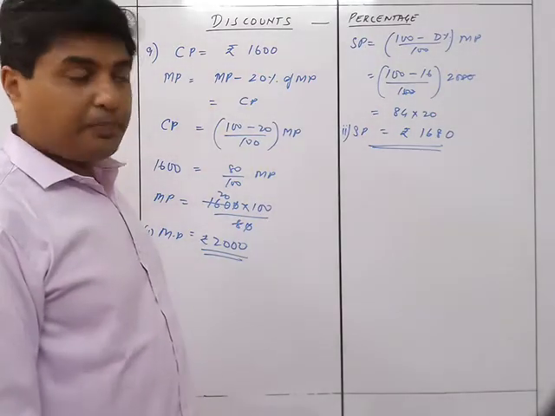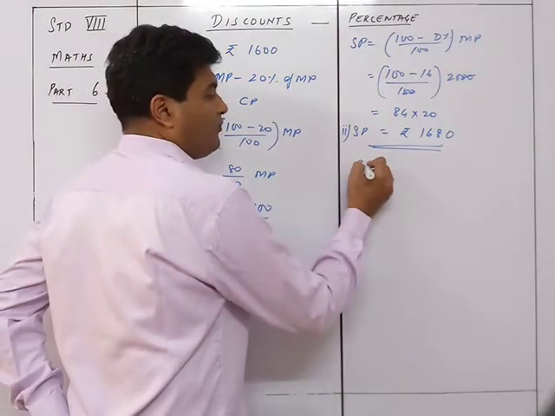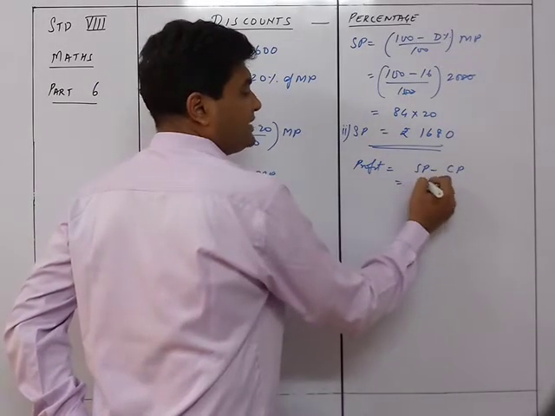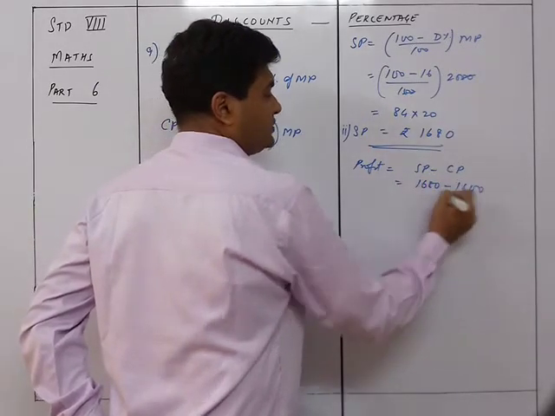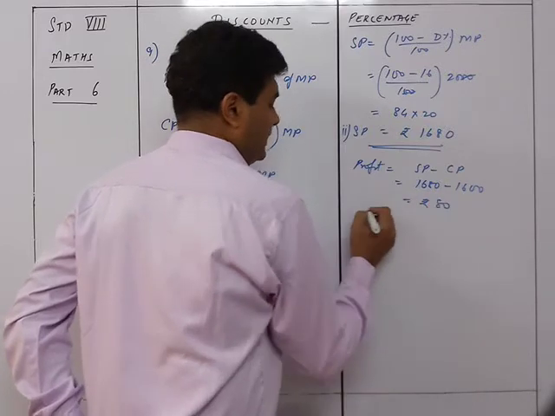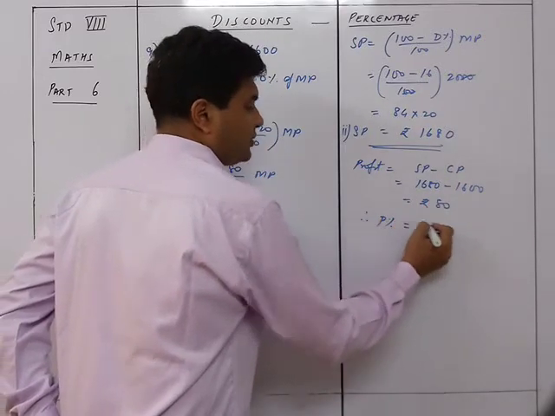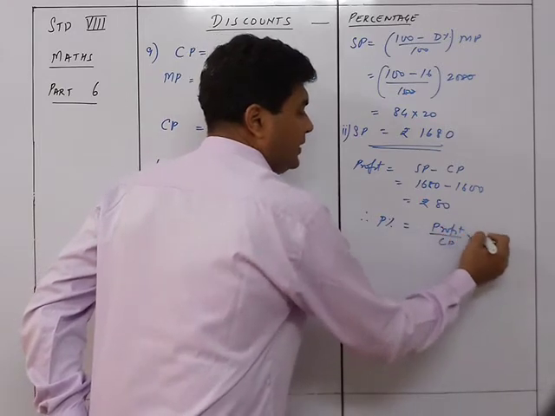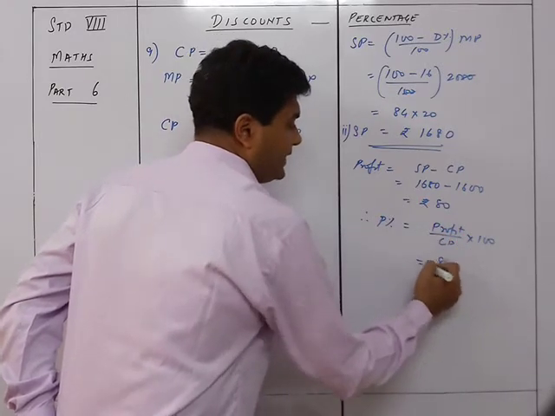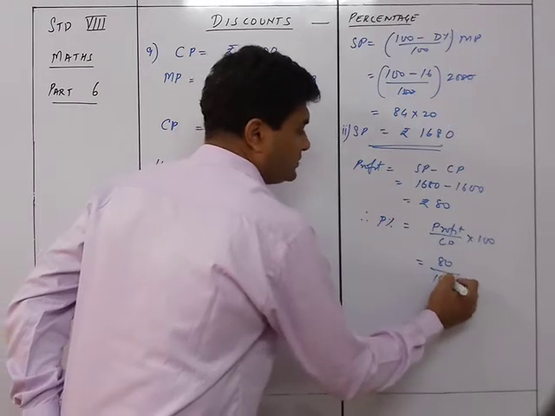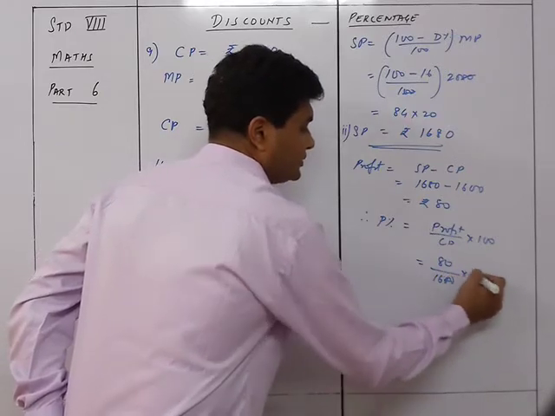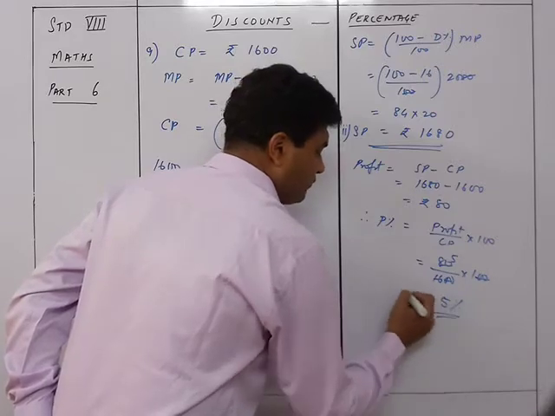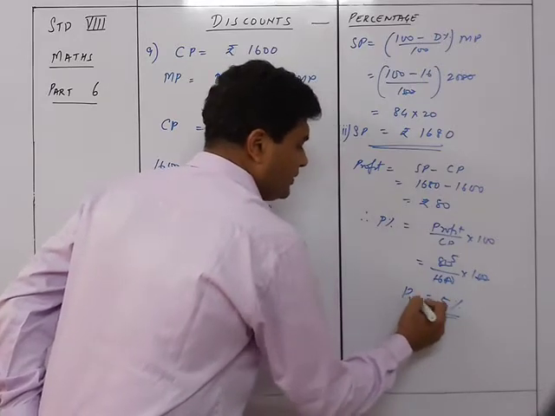The third is profit percentage. So we have over here profit is equal to SP minus CP, 1680 minus 1600, which is rupees 80. Therefore profit percentage is equal to profit upon CP into 100. That's 80 upon 1600 into 100. So this zero cancels, 16 fives are 80, it's 5% profit. So profit is equal to 5%.